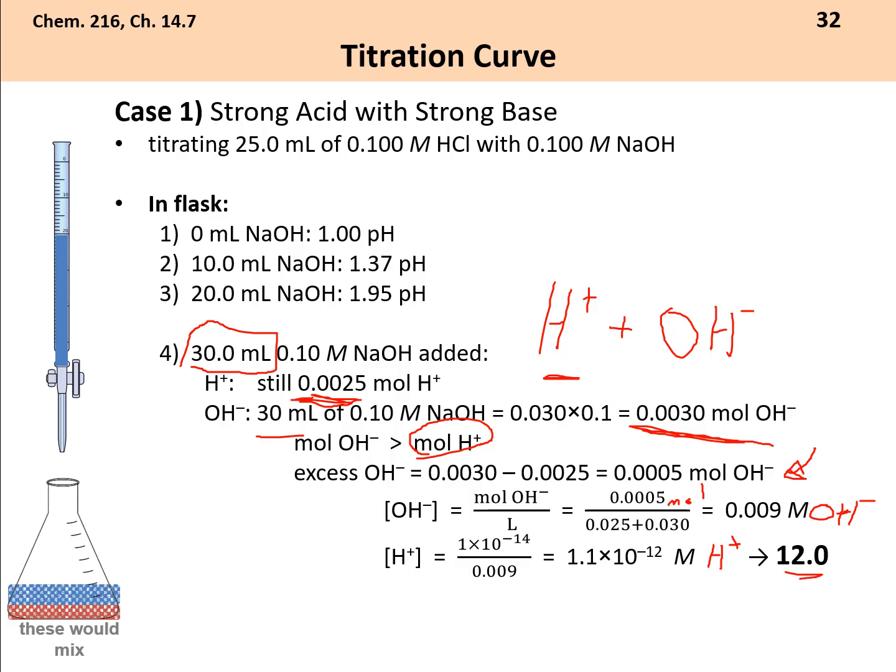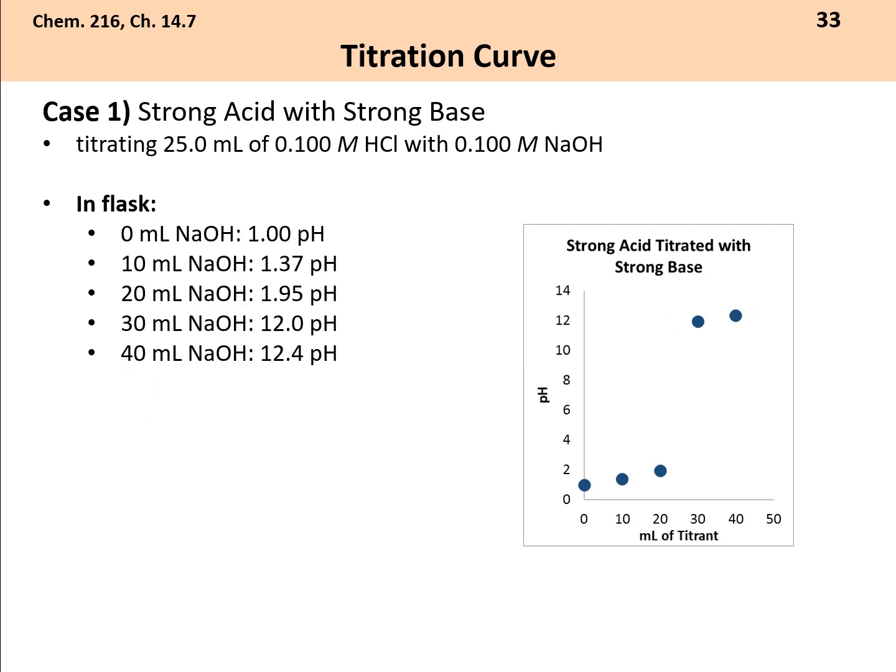In this case, it's 12.0. So notice what happened. I went from having excess H+, and that's why my pHs are very low, to now having excess OH-. So now my pH ends up being really high. I could do the same math for 40 mLs and I'd get a pH of 12.4.